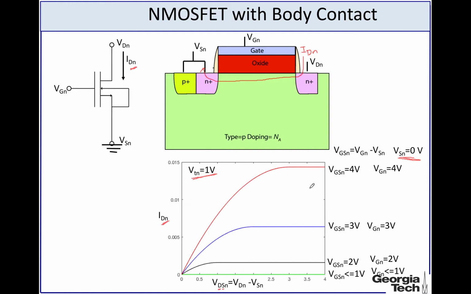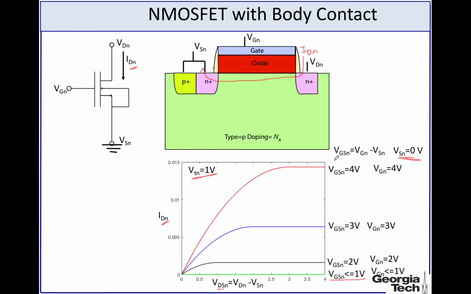We have seen before that when VGS is smaller than 1 volt, and the threshold voltage is 1 volt, the device is off, for which the current is 0. If we keep on increasing VGSN, the saturation current will also increase, and this is something we have seen before.